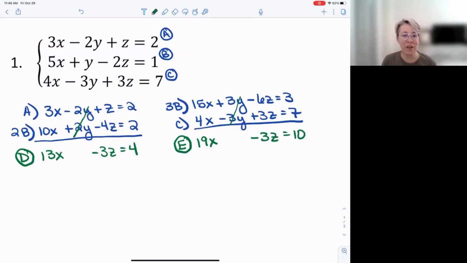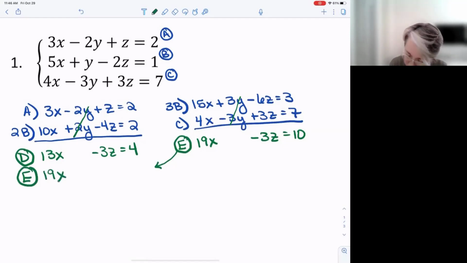Now we've taken our 3 equations with 3 unknowns and whittled it down to 2 equations, 2 unknowns. I'm going to take E and write it underneath my D so I can compare apples with apples. 13x minus 3z equals 4, and 19x minus 3z equals 10.